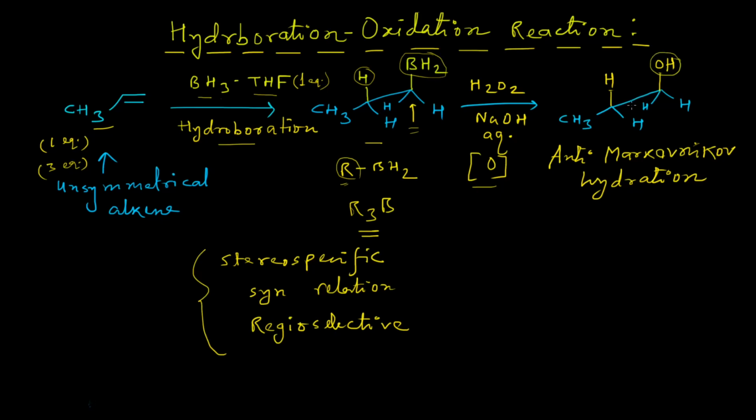Overall, in the product molecule, both the incoming OH group and the previously attached hydrogen possess a syn relationship also. And here the regioselectivity is also maintained. The incoming OH group is also attached to the less substituted carbon atom.